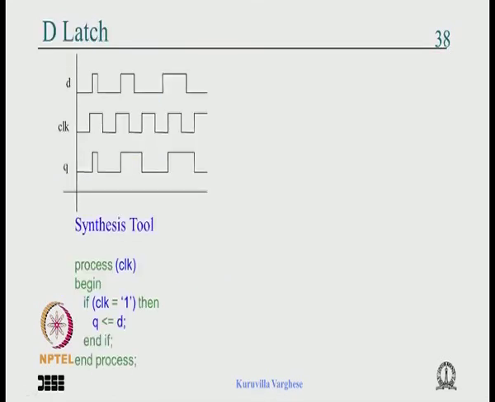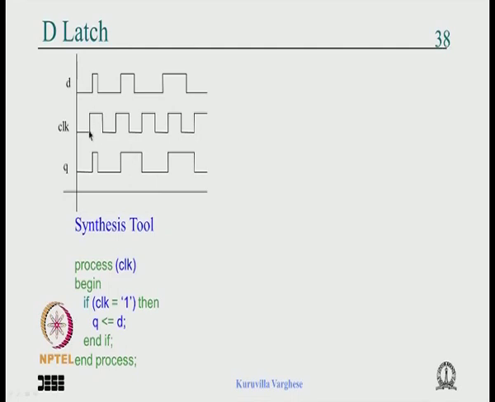So let us come to the D latch now. The flip flop code we wrote earlier for the simulator happened to be a latch for the synthesis tool. So let us look at the latch functionality.